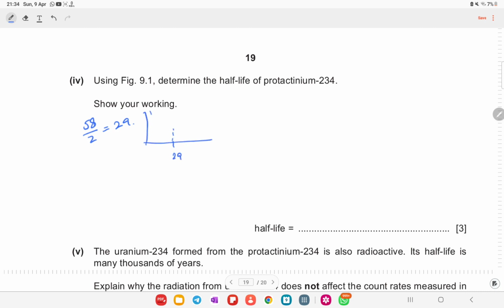If you follow the curve like this, you have to find the value from here, whatever the value is, and write it over here. In the marking scheme it is between 66 and 73, so you can easily find it in this.